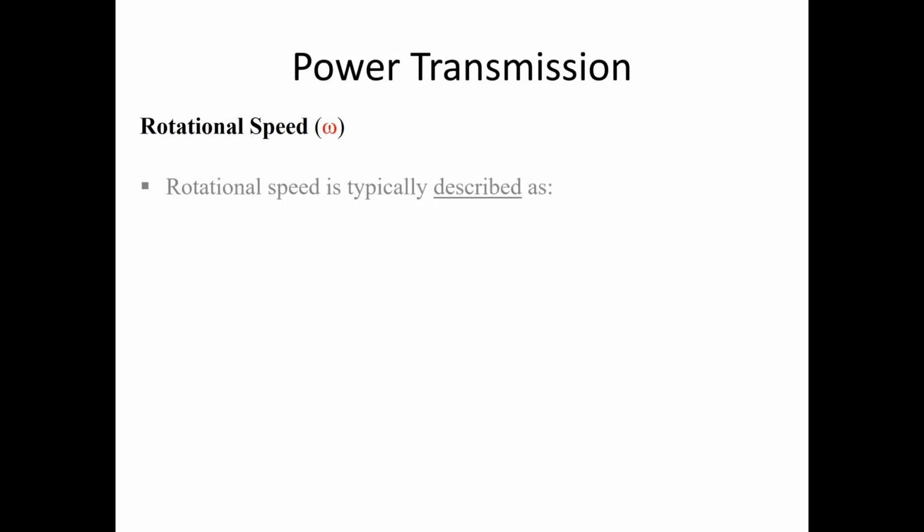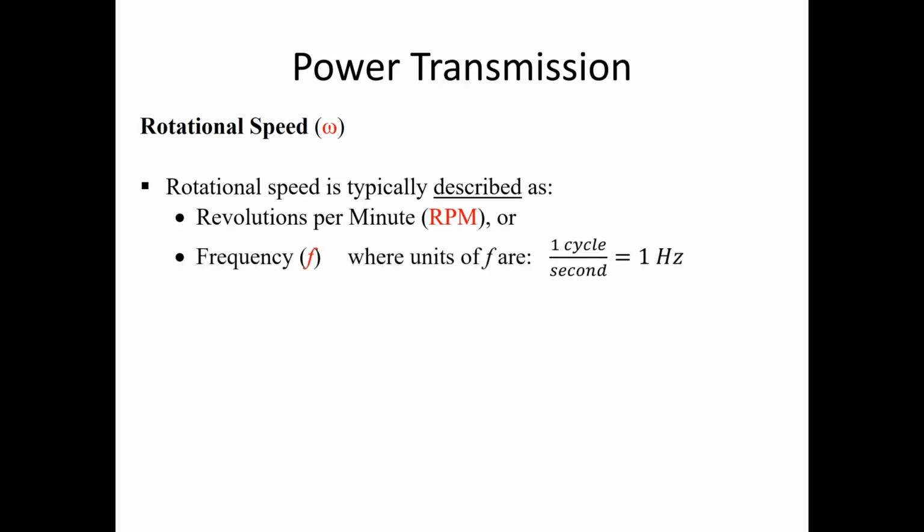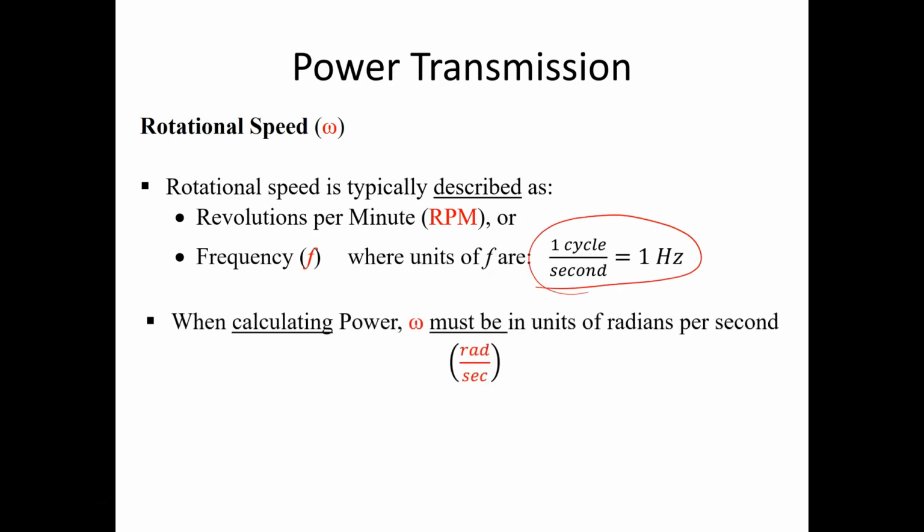Usually we describe rotational speed as revolutions per minute, RPM, or sometimes we state it as a frequency, where 1 cycle per second is 1 hertz. When calculating power, we must use omega with radians per second. This is required.